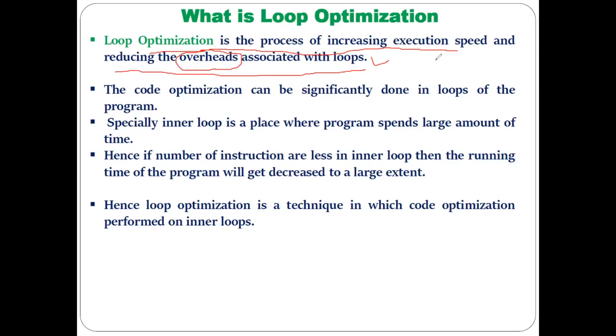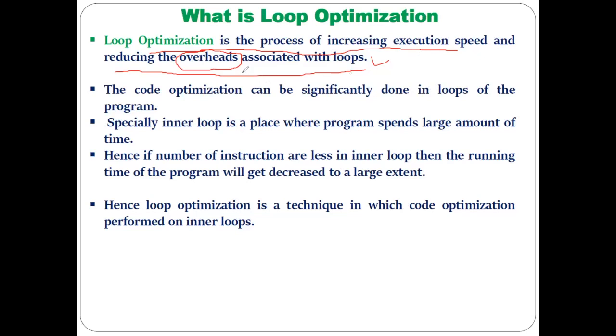Now, if you see the loop, it has the nature that the same code is executed multiple times. Understood? There are multiple iterations of the code, depending on the length, on how many times you are looping.